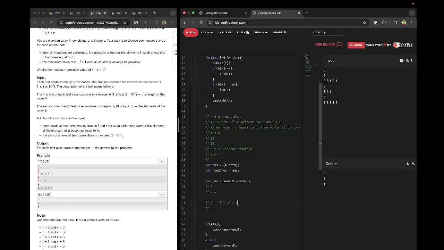If I have to do this operation n times, the sum should be less than or equal to some I.